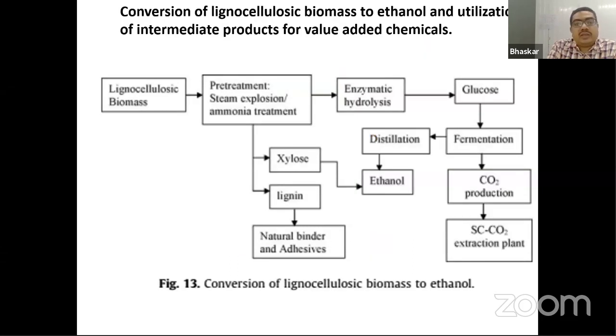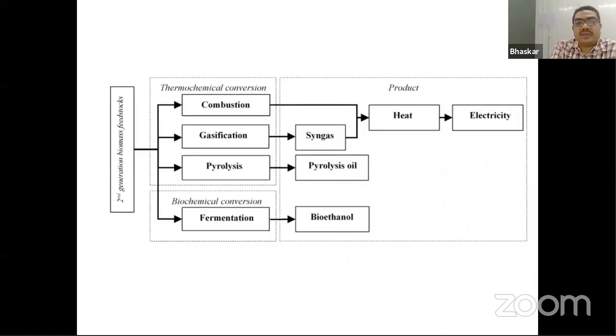So then this is the process of conversion of lignocellulosic biomass to ethanol. I won't go into much details. So you can see that there are various processes, thermochemical as well as biochemical. So by these processes of thermochemical and biochemical, we can generate biodiesel, or we can get syngas, carbon monoxide, and H2.